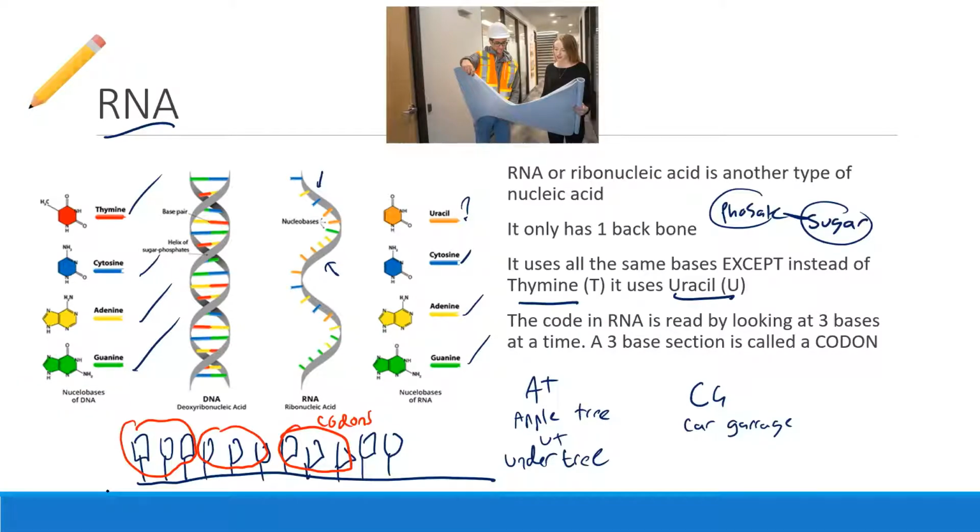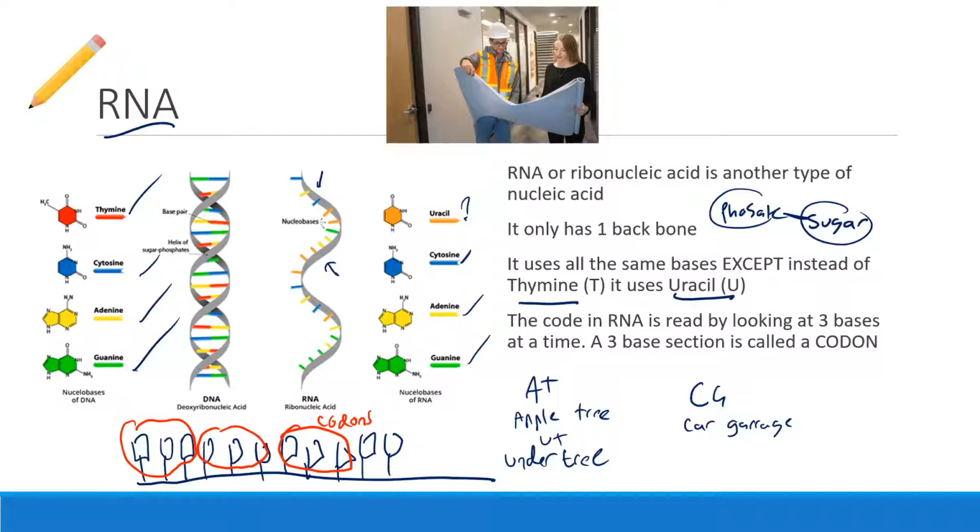In this picture, I have a man and a woman that are both looking at a blueprint. One of them looks like a contractor and one of them might be an architect. But the idea is these guys are looking at the blueprint to build the building.